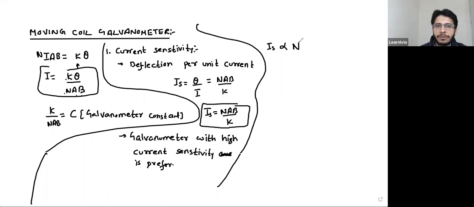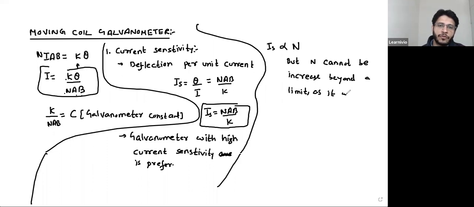So though IS is directly proportional to N, N cannot be increased beyond a limit, as the size of your galvanometer will keep increasing.